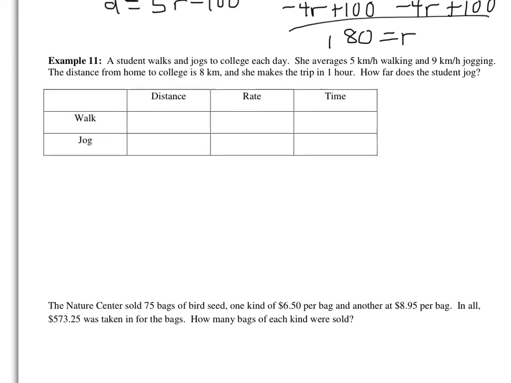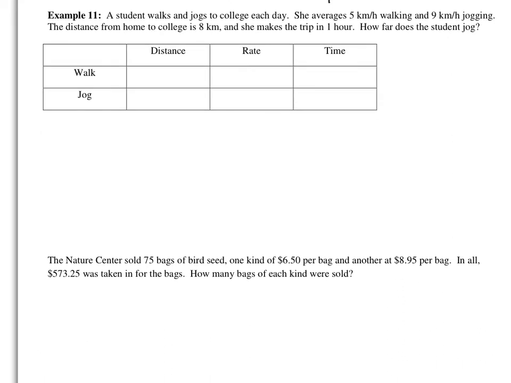A student walks and jogs to college each day. She averages 5 kilometers per hour walking. That's a rate. So we want to put 5 for her walking rate. 9 kilometers per hour jogging. That's her rate for jogging. The distance from home to college is 8 kilometers. She makes the trip in 1 hour.